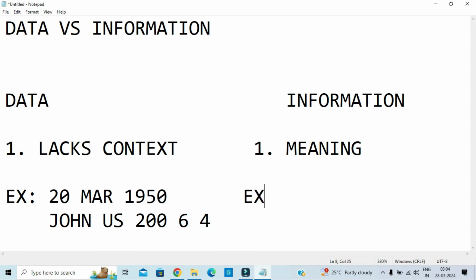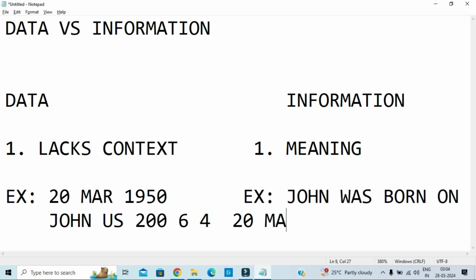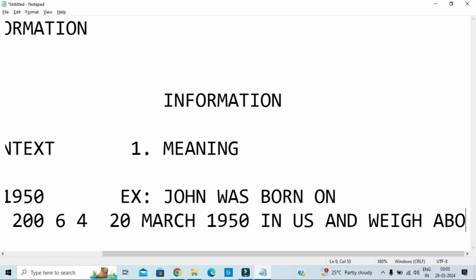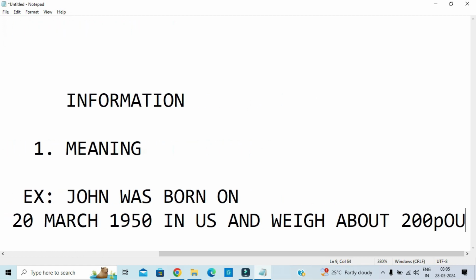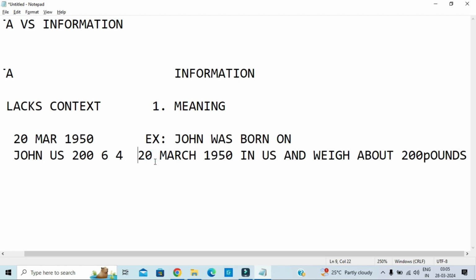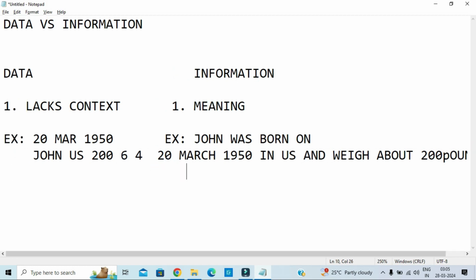Now if you look at this information: John was born on 20 March 1950 in US and weighs about 200 pounds, with height 6 feet 4 inches.